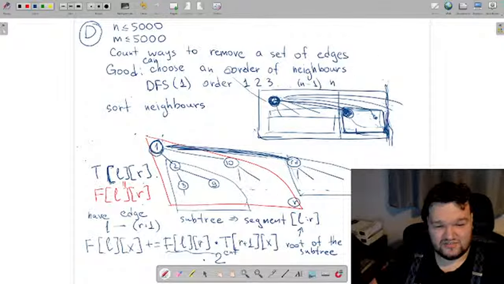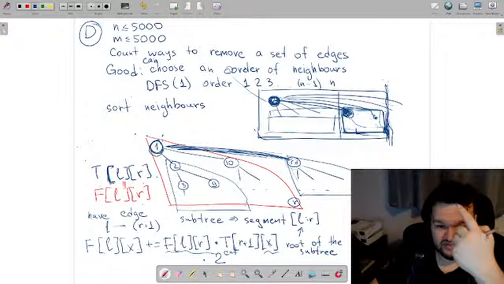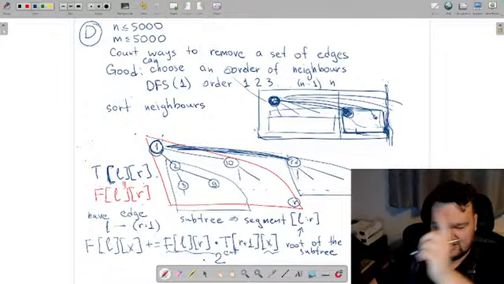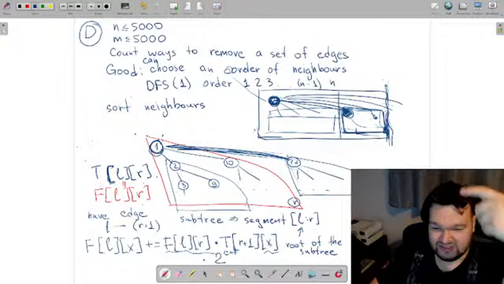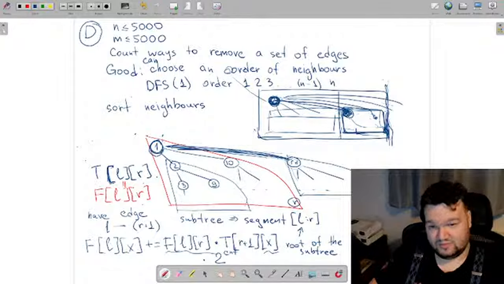Or, when we are considering those transitions, we have fixed the edge from L to R plus 1, then we are iterating over X, and we can maintain a pointer to the next edge. When X reaches it, we will increase CNT by 1 and maintain this power of 2. So we can still do this dp in O of n times m, which is fast enough.